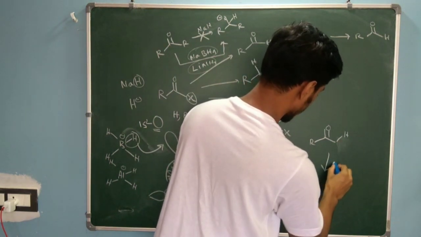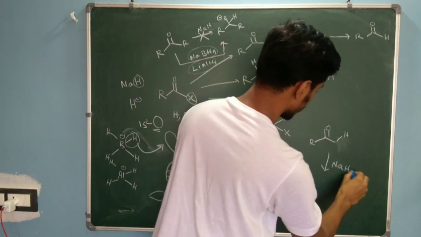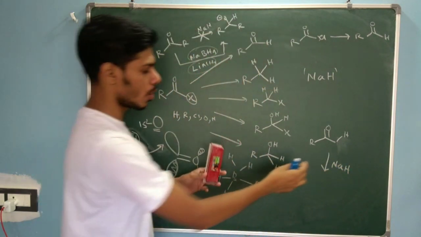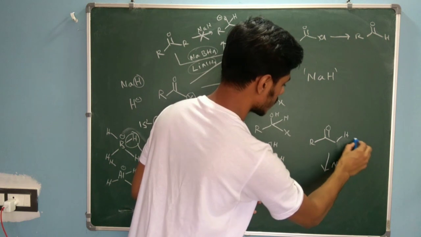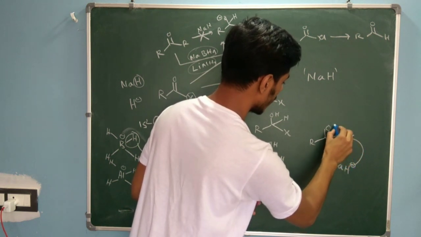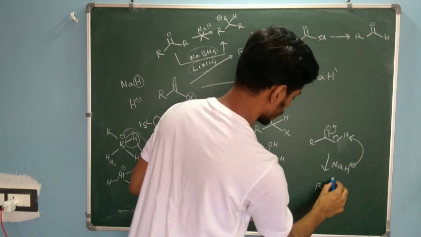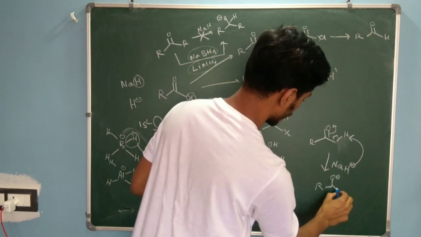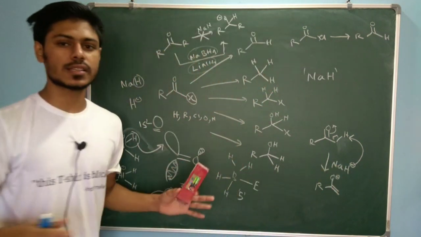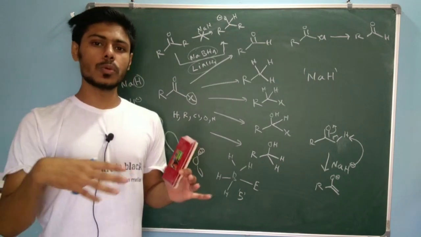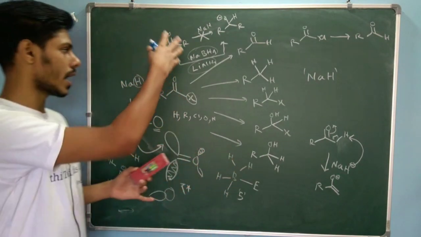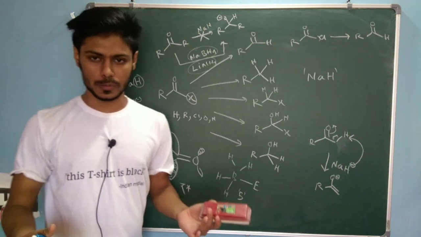So when you add sodium hydride, you expect addition of hydride to this carbonyl group, but instead this H minus takes a proton from here to make the enolate. So you can use this for the formation of enolate, because this H minus has more basic character than nucleophilic character. So if you want to do reduction, you have to use either sodium borohydride or lithium aluminium hydride.